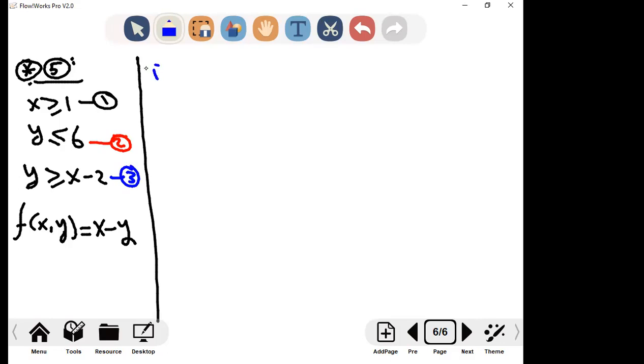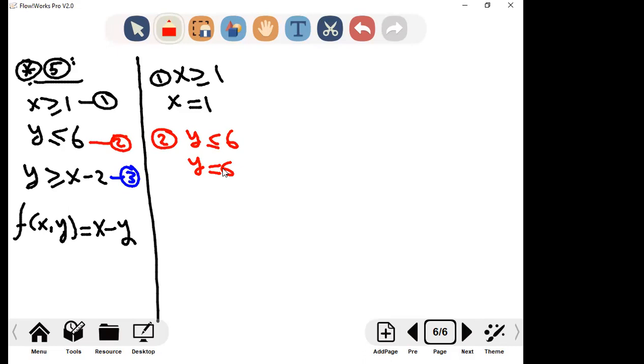Let's start with 1. X more than or equal 1. This is a line, x equal 1. No intercepts here. We have one intercept, which is x intercept, which is 1. The second is also a line. Y less than or equal 6 means y equal 6, the y intercept.